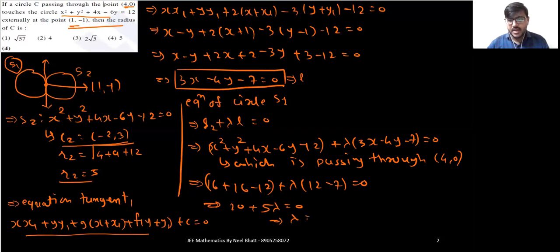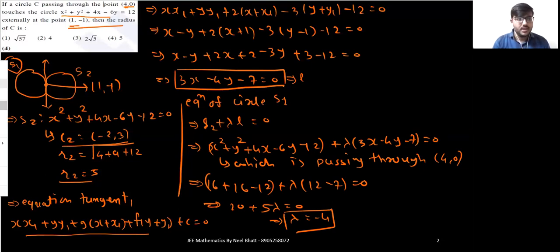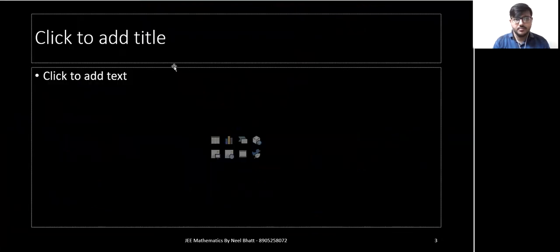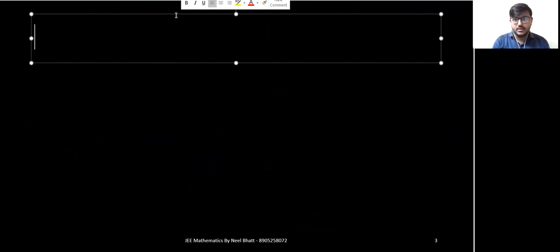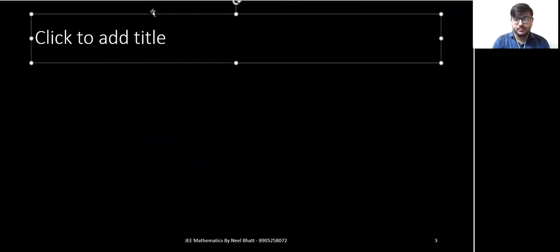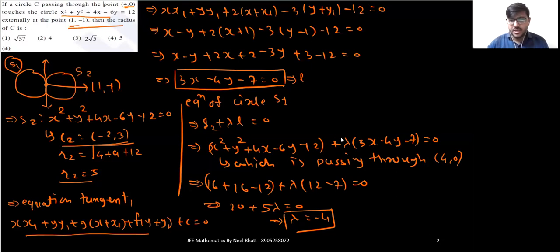So we can get lambda as minus 4. Okay. So by putting this lambda equals to minus 4, let me add a new slide for the solution. As I put the value of minus 4 in this equation, it will be x square plus y square plus 4x.